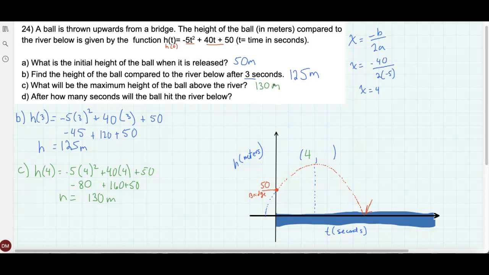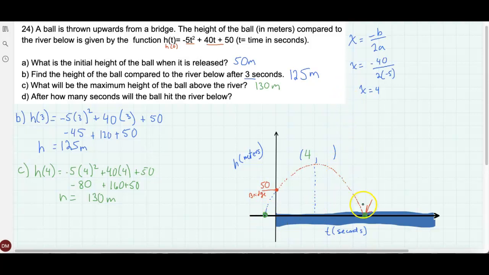Okay, we know when we started, but when it hits the water below, how long is that going to take? Those are our roots right here. It's going to splash and hit the water here. We're probably going to get a root back here, and of course that does not count. That's not part of the scenario, so we'll have to rule that out because it's going to be negative time.